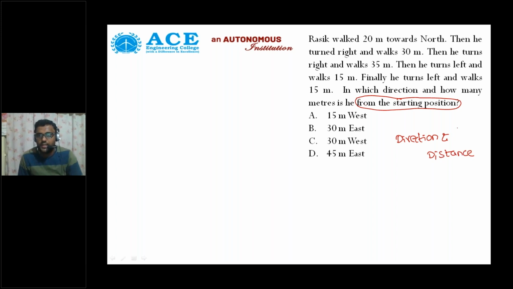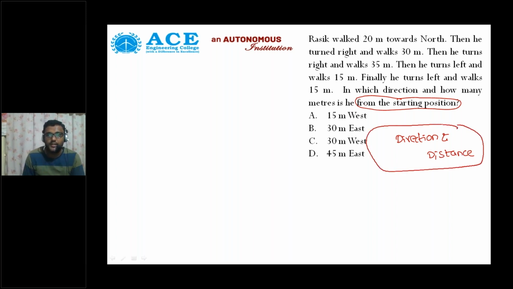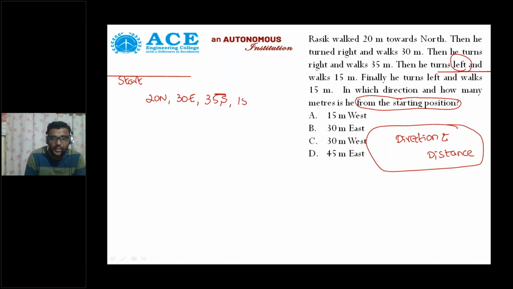You started, fine, your journey started 20 meter north. Right, from north right side means east, 30 meter east. Again right side means we'll get south, 35 meters south. Again now left, from south you are going left means you are going to east direction, so 15 east.